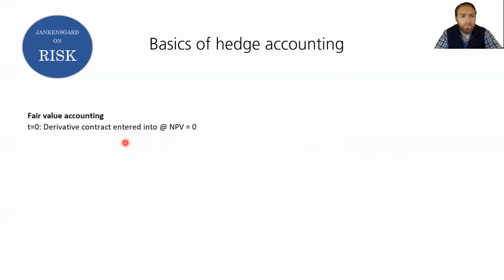All right. So fair value accounting then. Let's say we enter a derivative contract at time 0 today, and that will have a net present value of 0 if we assume that derivatives are fairly priced. We're entering a fairly priced derivative contract here, so that starting out there will be a 0 value.